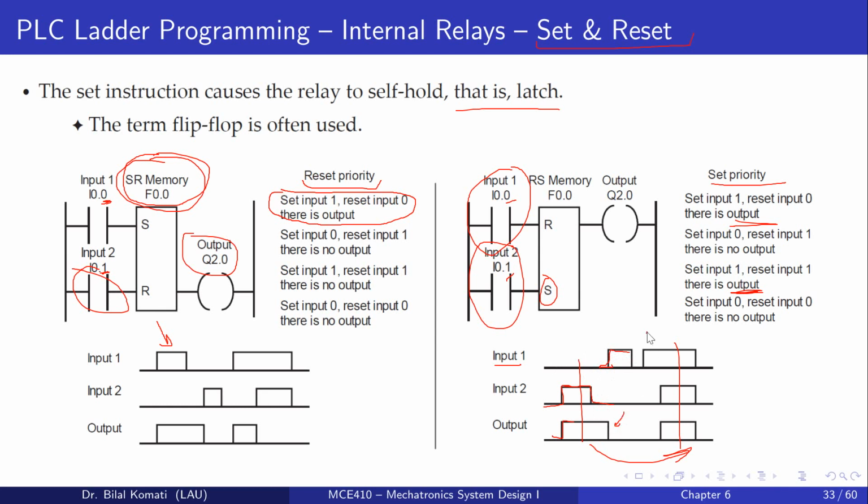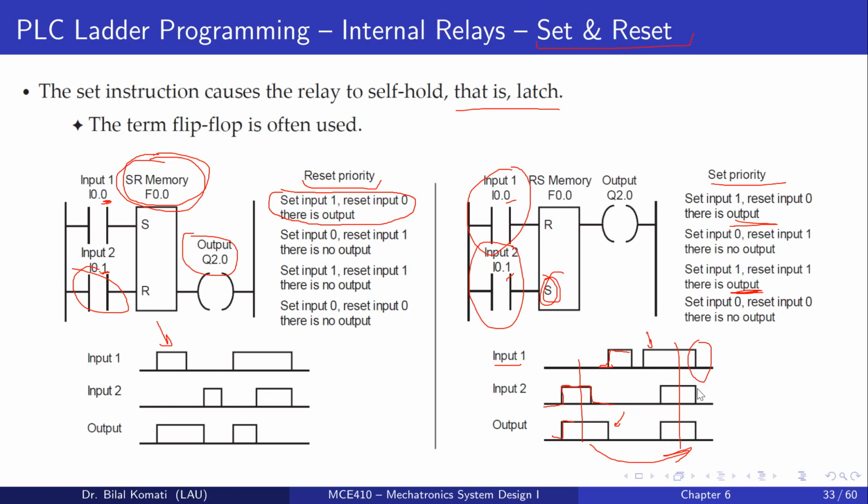In the other case, if input 1 is set on, the output is not set until input 2 is set, and input 2 is for setting. Once input 2 is set, the output will be set until input 1 is set and input 2 is not set.